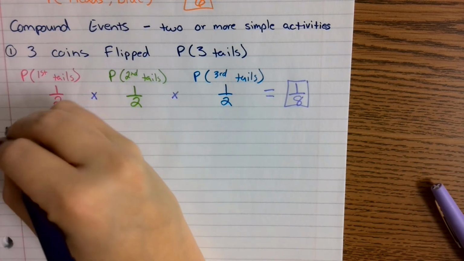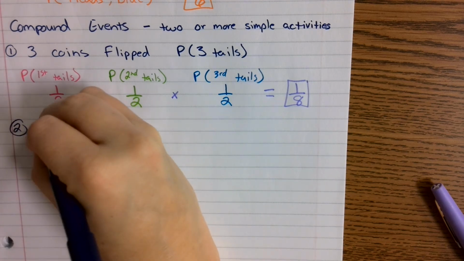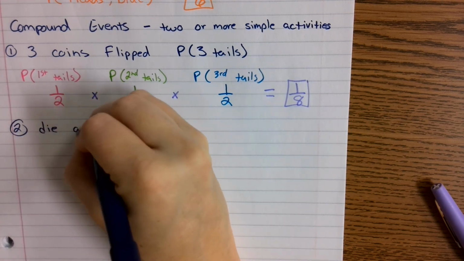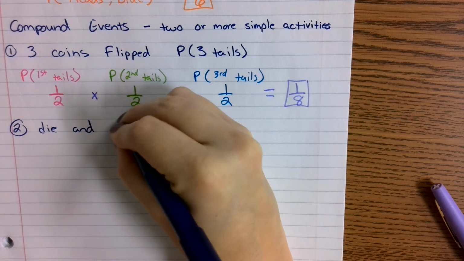Let's take a look at another one. Let's say that we have the die, and we've got this spinner.